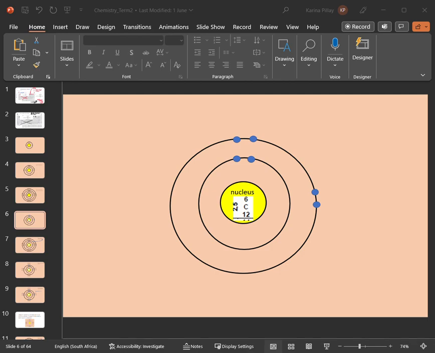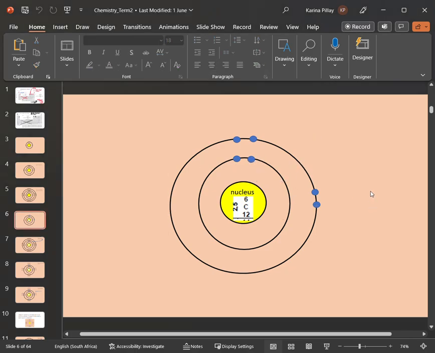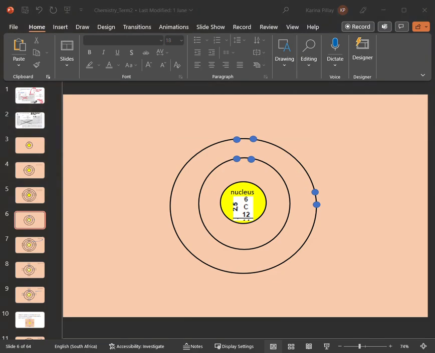So how you find your valence electrons is you go to your outermost shell and you count your electrons there. For instance, in this example, if we go to the outermost shell, we're looking at this shell here, and we can see that we've got 4 electrons. So what we can say from here is carbon has 4 valence electrons, right?